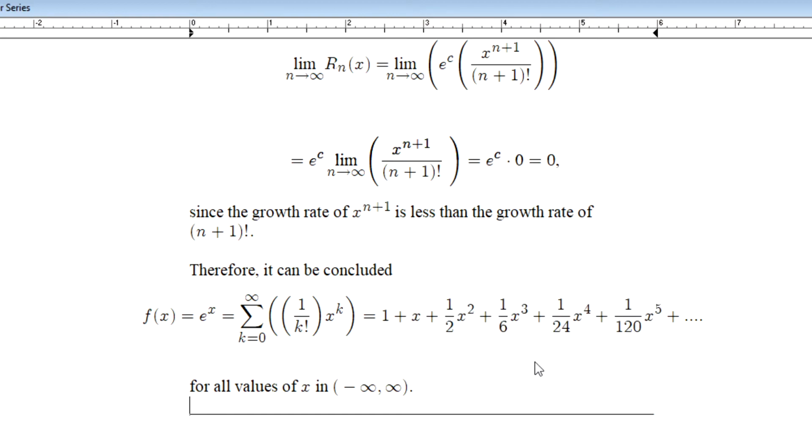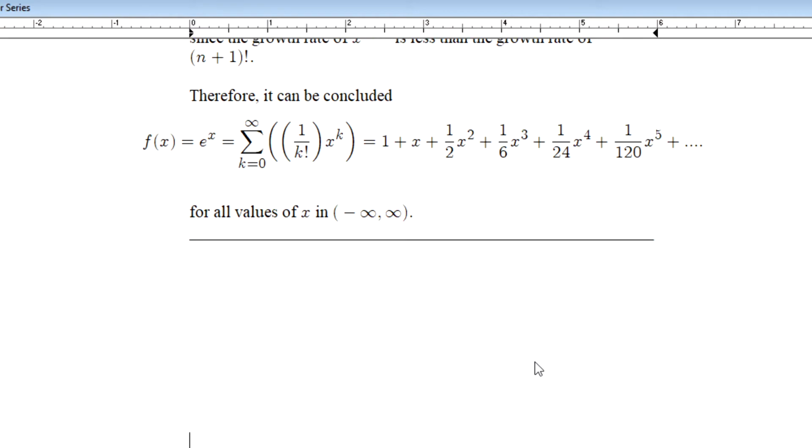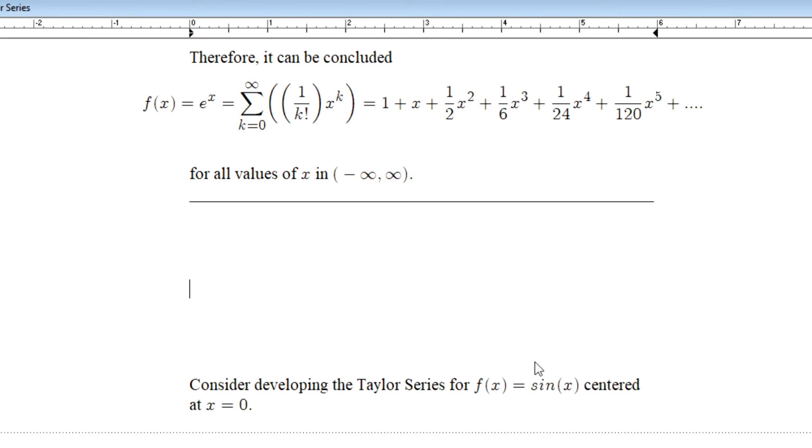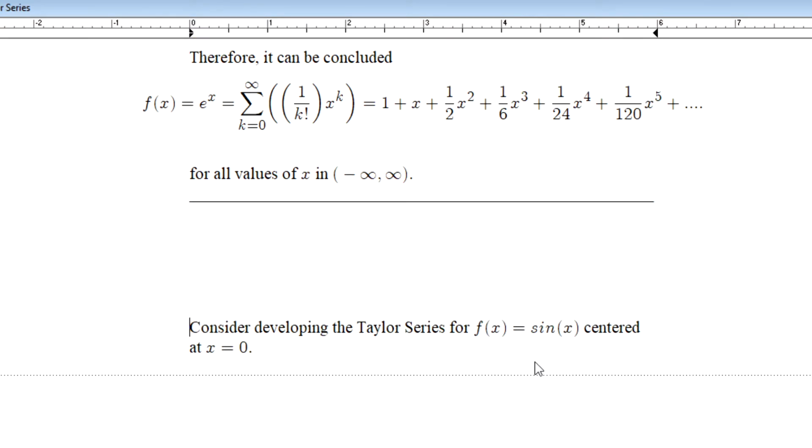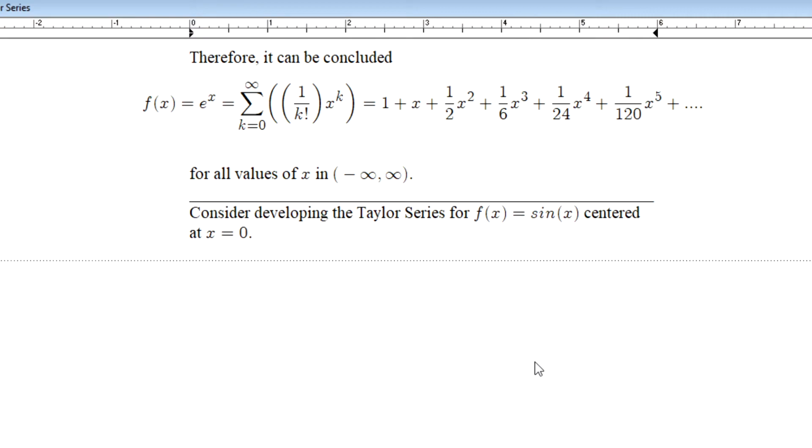Let's look at another example. Let's consider sine x. There's a transcendental function. We know its values for a couple of key locations around our unit circle.